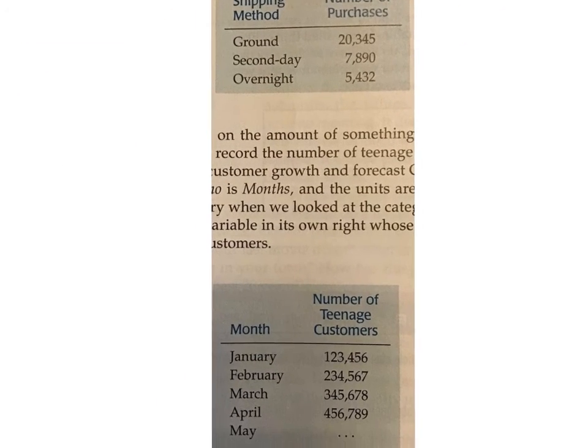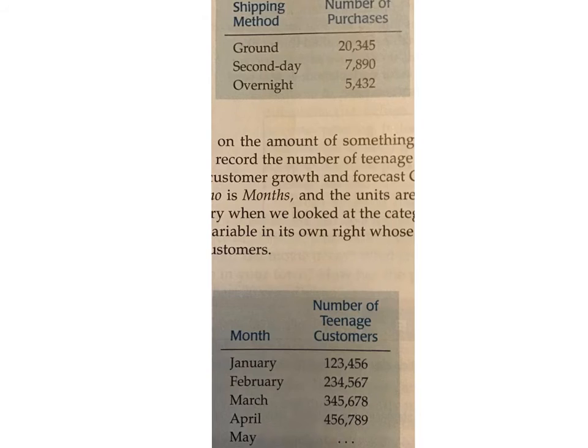The first table shows us shipping method, number of purchases. If we were to answer the first question of what, here our shipping method. Next, who is our purchases.